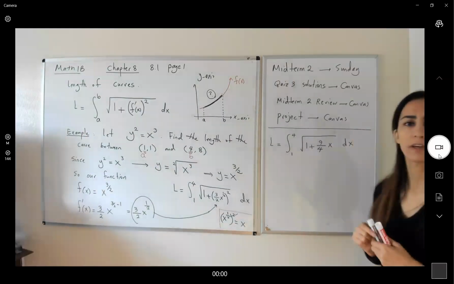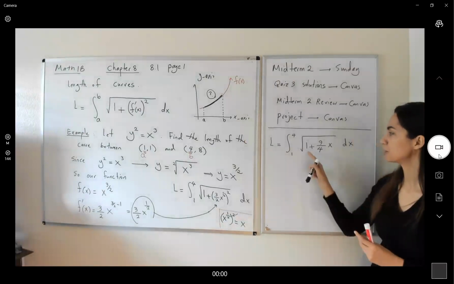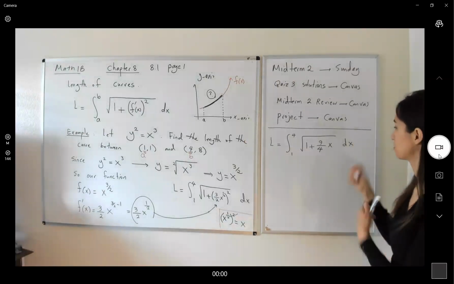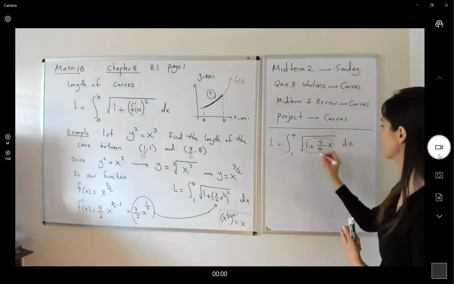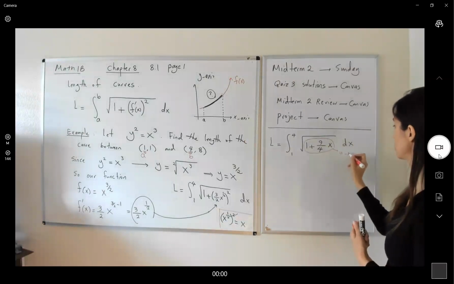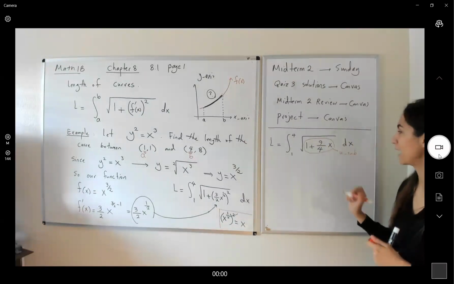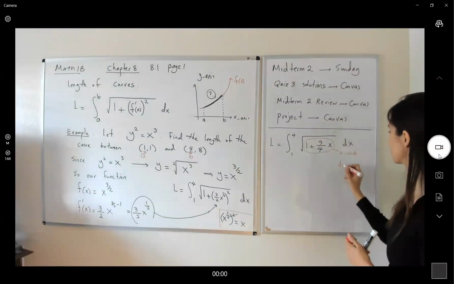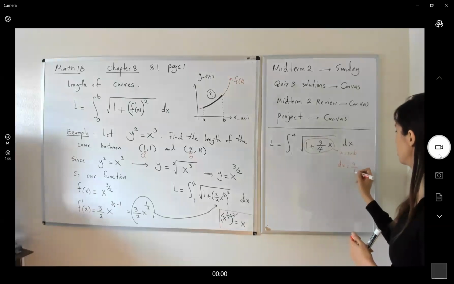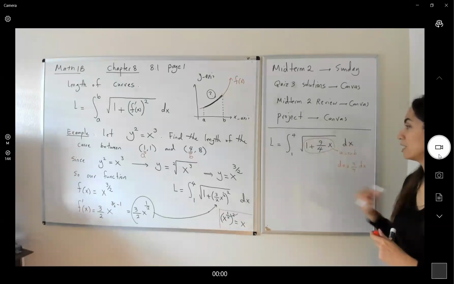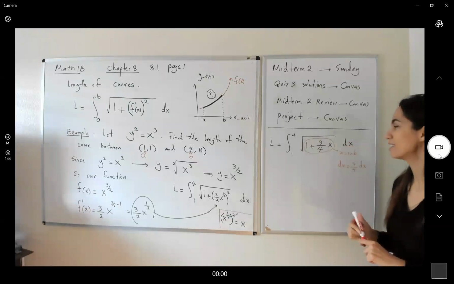This integral is not very hard to find because you have a square root. Now you can use u substitution. If your u is 1 plus 9 over 4 x, du is equal to 9 over 4 dx. So you can multiply by 9 over 4 and 4 over 9.